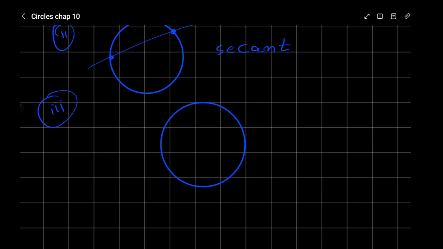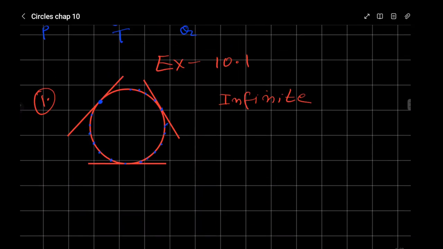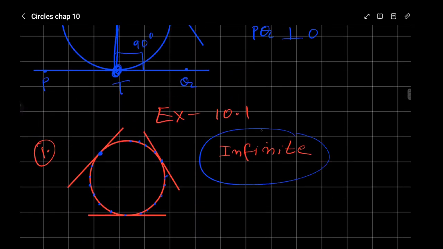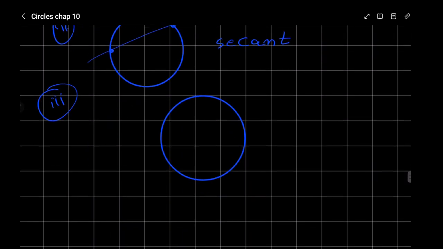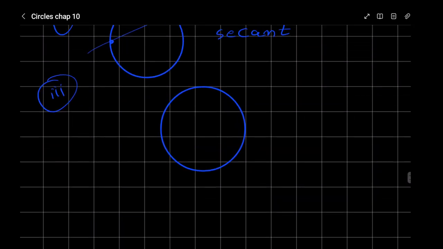With a little thought, you can see that we can have an infinite number of tangents in a circle, so the pairs of tangents will also be infinite, meaning there could be as many as we want.